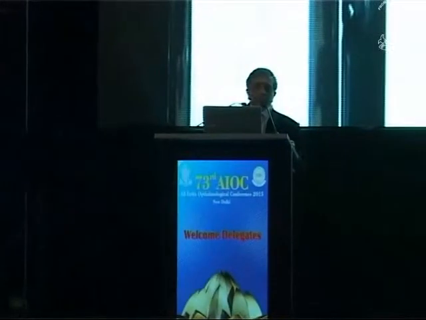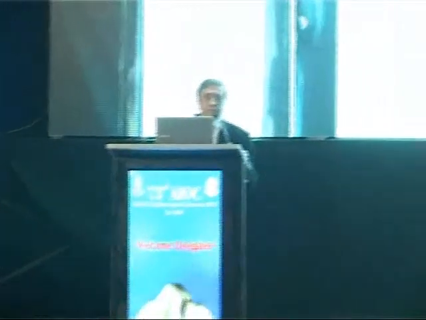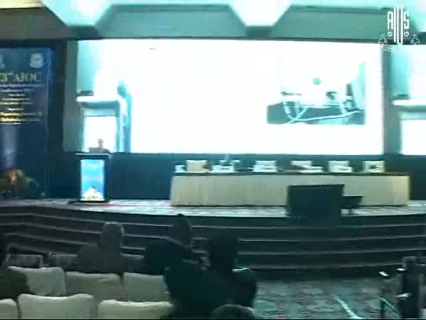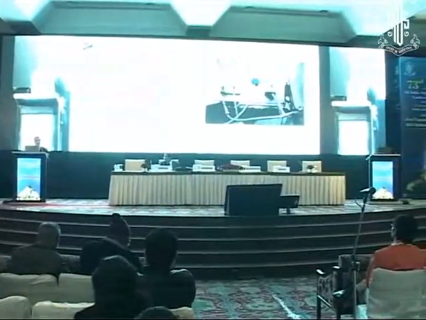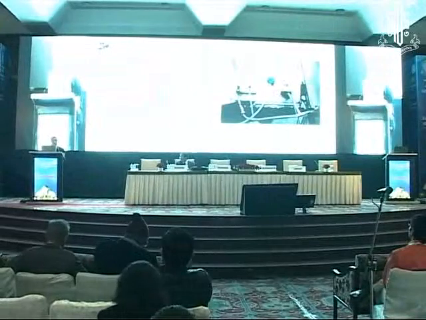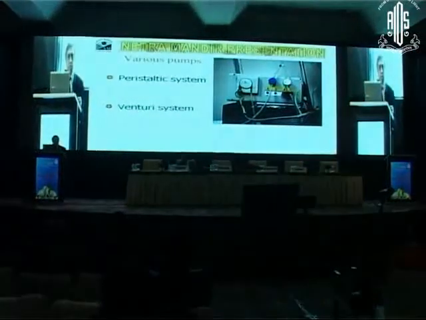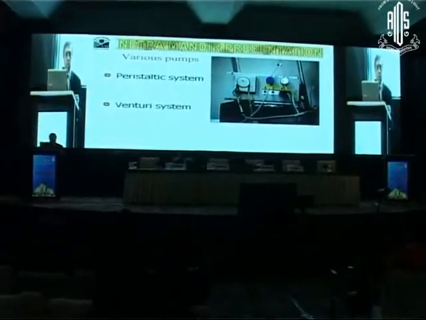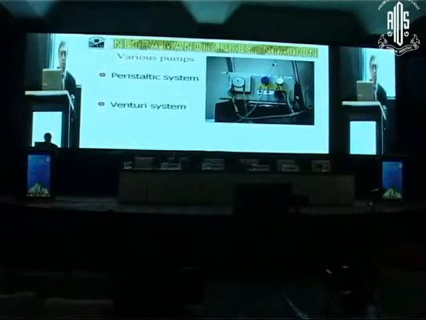But when you intend to understand your machine, the first thing which you need to remember is there are two different systems, the venturi and the peristaltic. It is the peristaltic system which is relatively said to be safer for the beginner, because there the vacuum and the high parameters build up only after the occlusion.